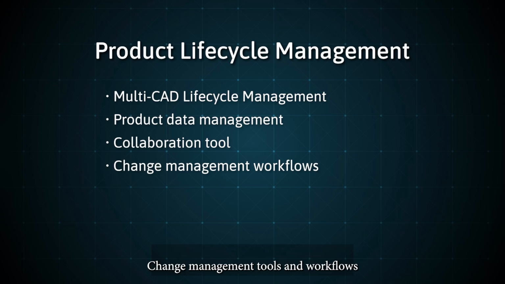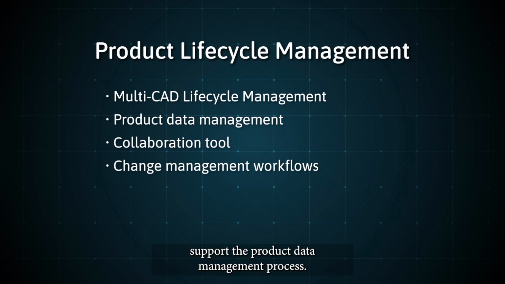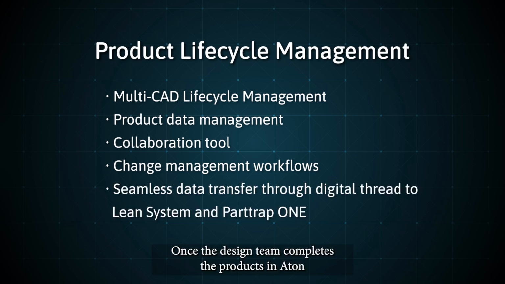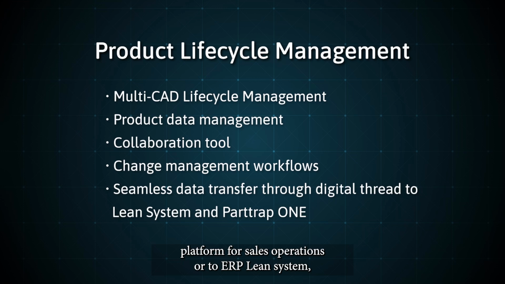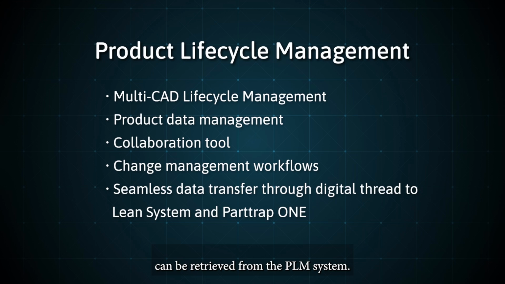Change management tools and workflows support the product data management process. Once the design team completes the products in AtoN, the information is typically transferred to the PartTrap One e-commerce platform for sales operations or to the ERP Lean system, which then initiates the procurement and manufacturing processes. Before manufacturing begins, the latest product specifications, assembly details, and instructions can be retrieved from the PLM system.